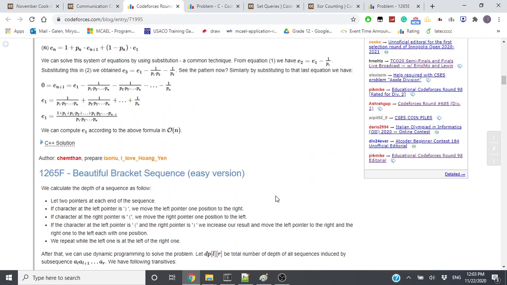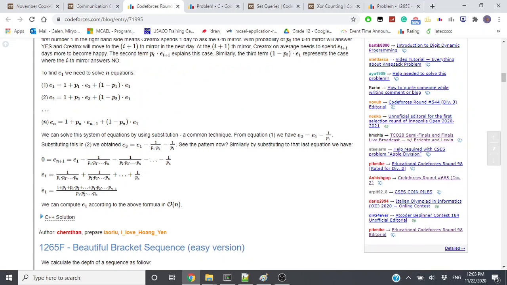Okay, so they say the formula is E_1 is equal to... So you solve this system of equations.